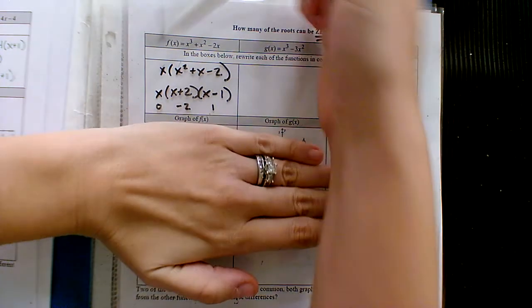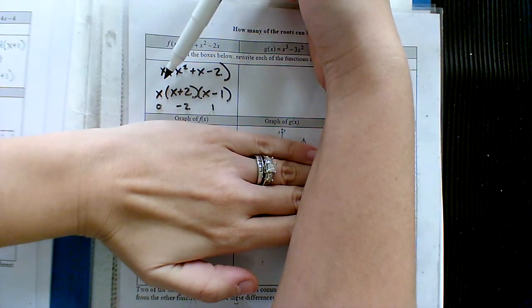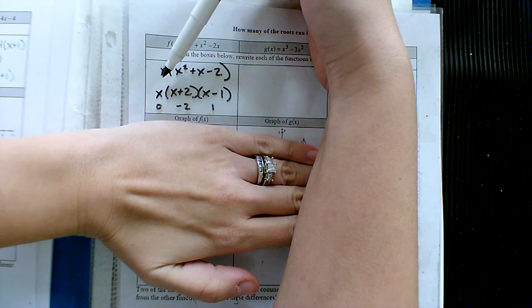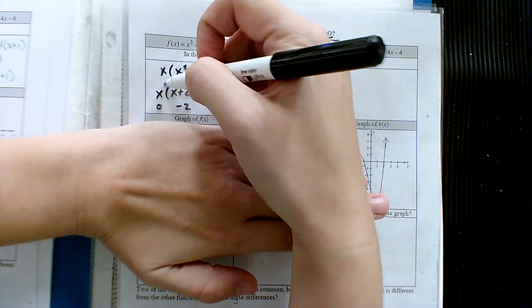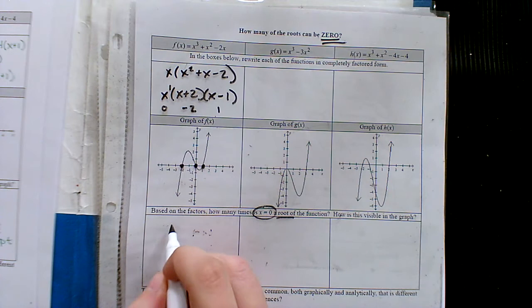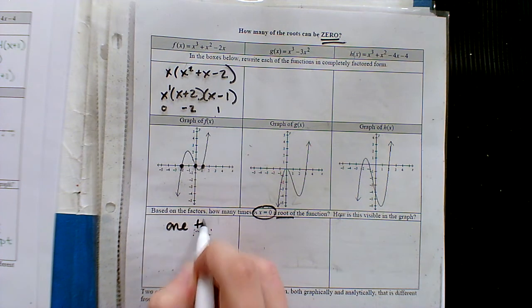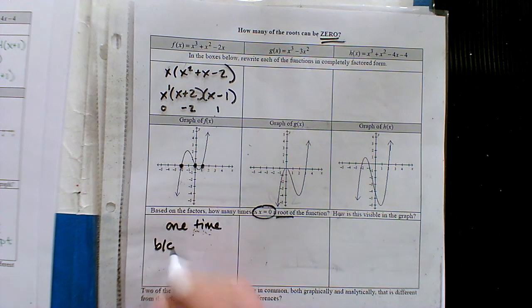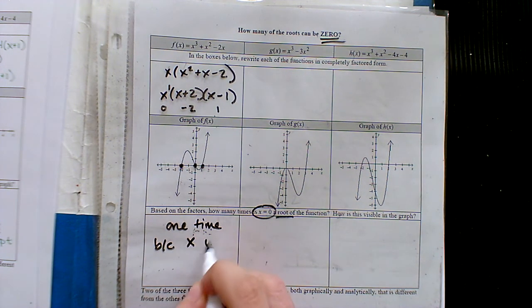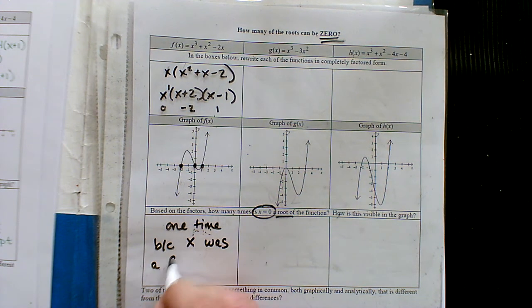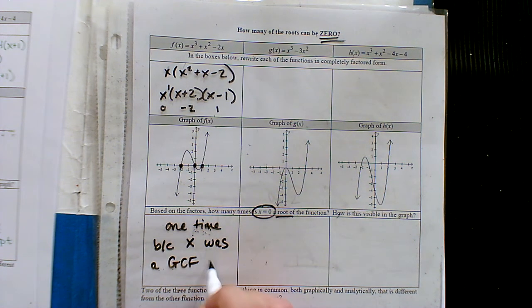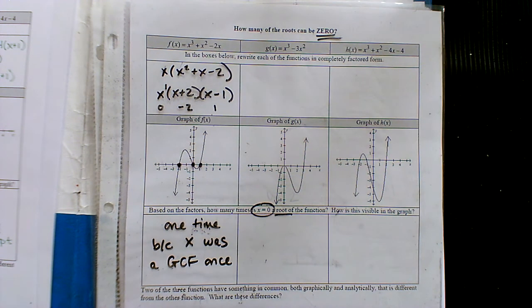Okay, graphically, yeah. But if you were to just take a look at these factors, how would you know it's 1? It's a power of 1. Perfect. So we'll say 1 time because x was a GCF once. You could only pull out 1x.